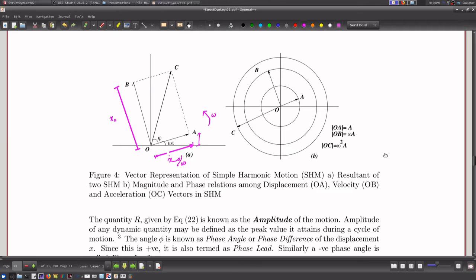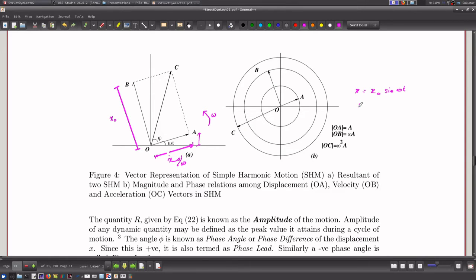Okay, and therefore now if I have a deformation expressed by a sine term or even a cosine term, say x equal to x naught cos omega t or sine omega t, let me take it as a sine term to correspond to this diagram.